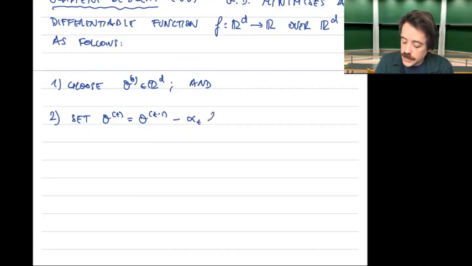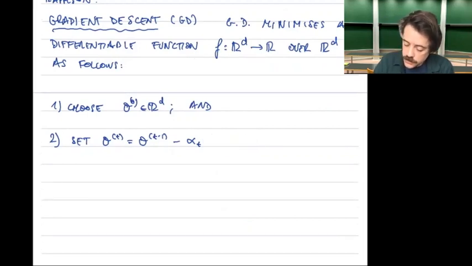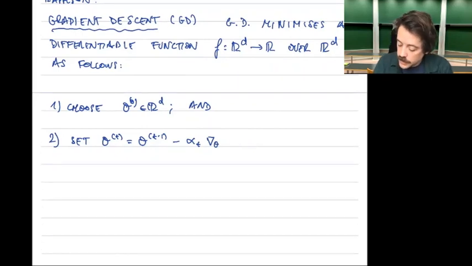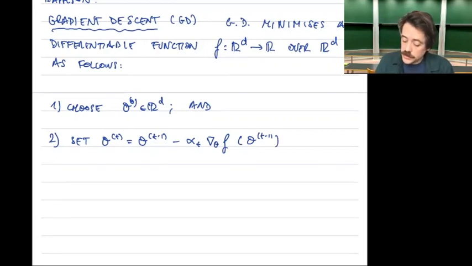So this times the gradient of f with respect to theta, where d here would be something of the order of capital L times p, so that's the order of theta. And this is the gradient of f evaluated at theta t minus 1. And for how long do we do this? Well, we do this for t equals 1, 2, etc. until numerical convergence.